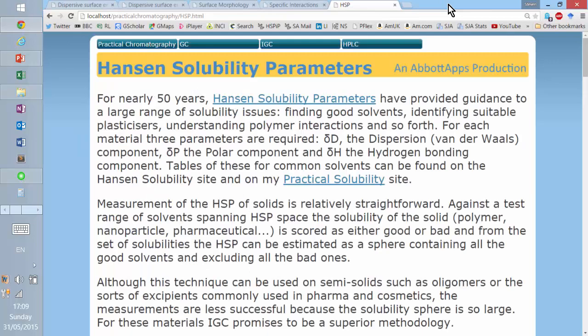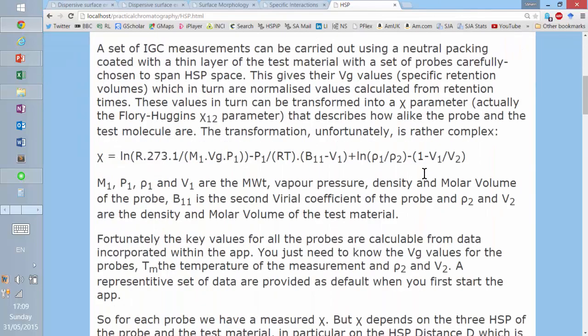So this at long last brings us to HSP. And what we're saying is that the link between the probe molecule and the surface is the Flory-Huggins chi parameter, which is given by all these complicated things. But basically it's allowing us to measure the interaction, the chi parameter, between the probe molecule and the test material. And if you can calculate the chi values for a bunch of probe molecules against your test material, then you should be able to fit them to some formula.